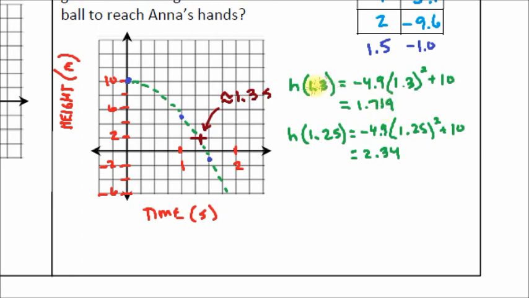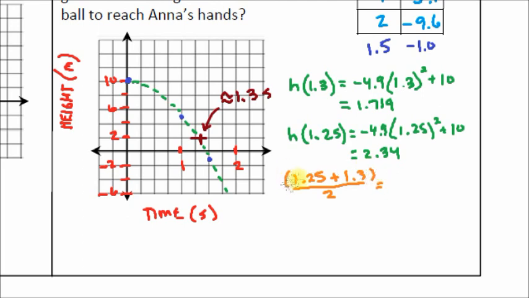And so based on this, 1.3 and 1.25, we can pick a number exactly in between those two. And the way you do that is you just take the average of those two. So I'm going to take 1.25, I'm going to add 1.3, and I'm going to divide that by 2. That will give me the average.